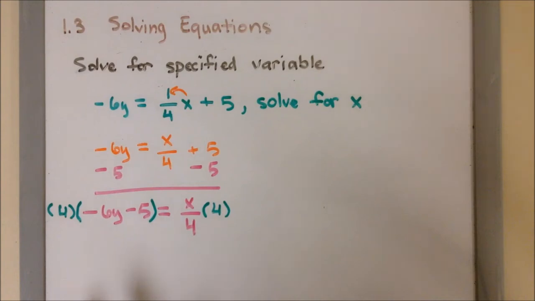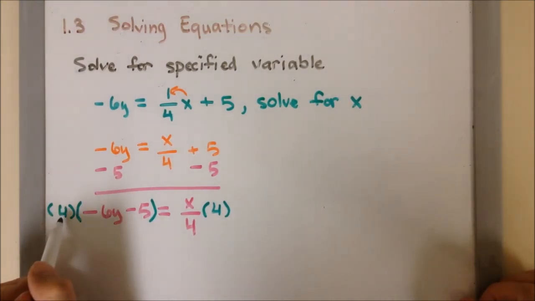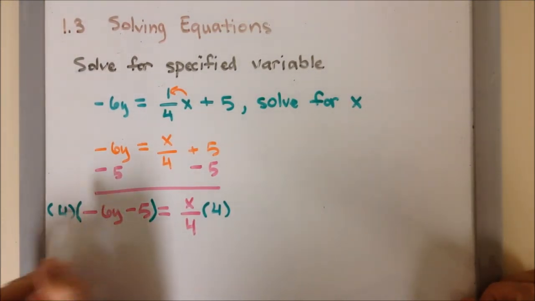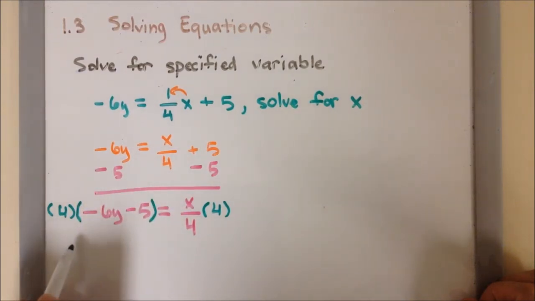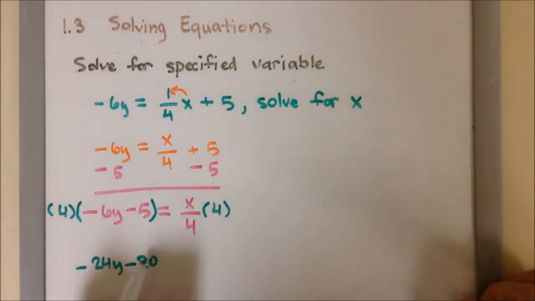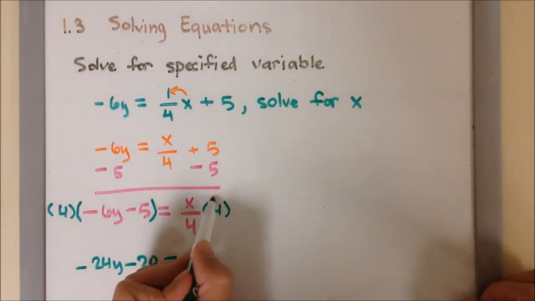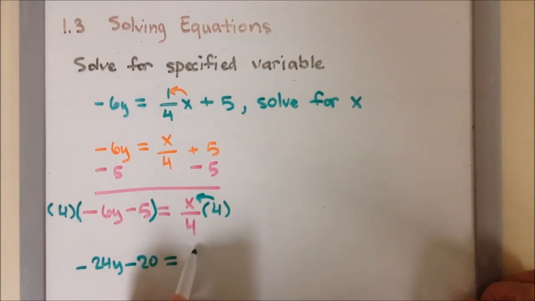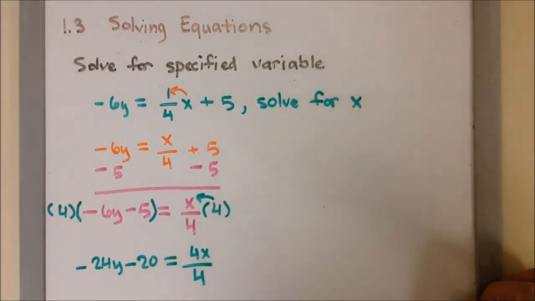So I'm going to do this step by step. Positive 4 times negative 6y and times minus 5 will become negative 24y minus 20. Now here, I'm multiplying the 4 to the x, so it's 4x over 4. That's all I did.